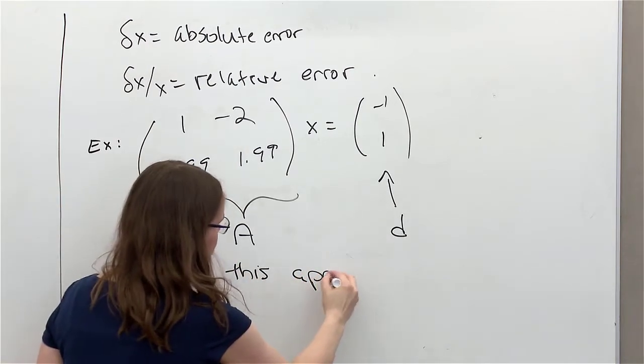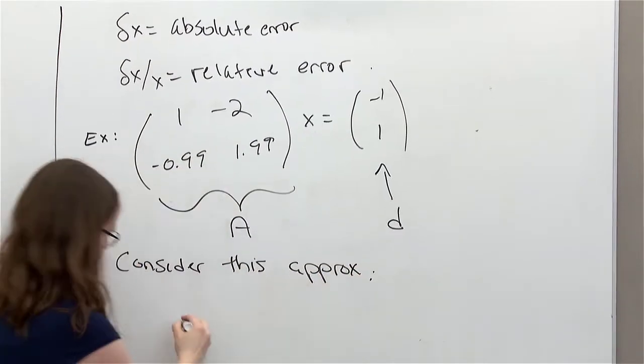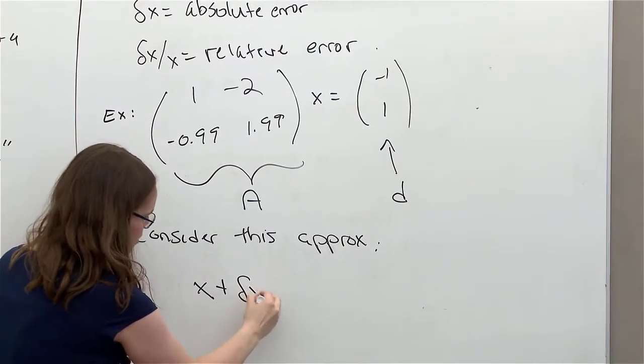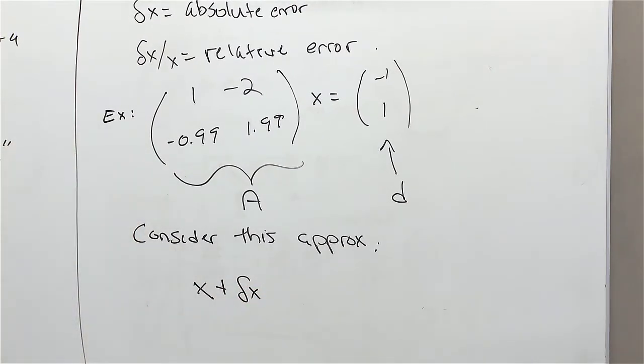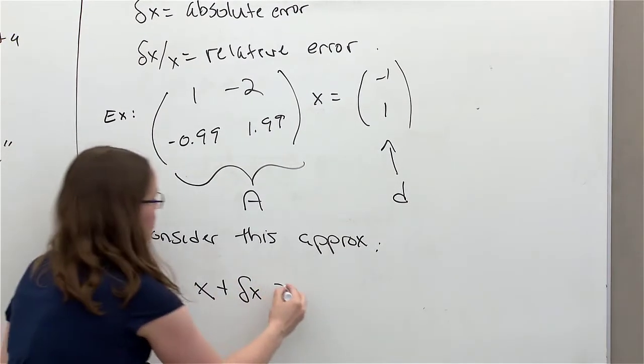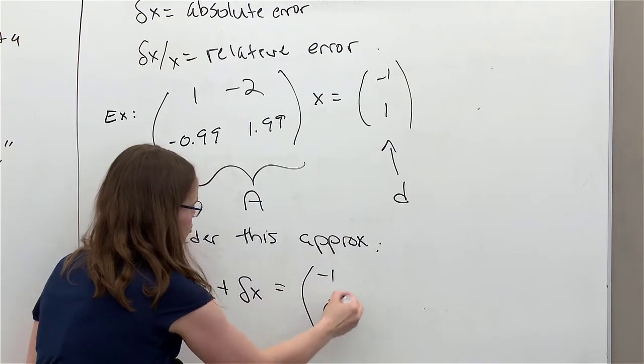The approximation that we get is, again, x plus delta x, and we don't know which part is x and which part is delta x, equals minus 1, 0.